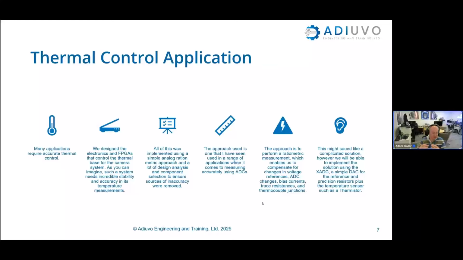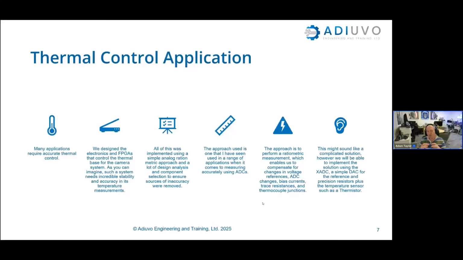We've done this for a lot of camera systems, perhaps for astronomical cameras and things like that, where you want to make sure that the cameras are set at a very stable temperature. Because if they're not at a stable temperature, then noise within the image can creep in, and you can cause some issues. So the more stable you can make your camera system thermally, the better and the higher performance you get.